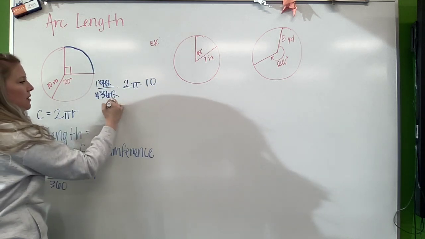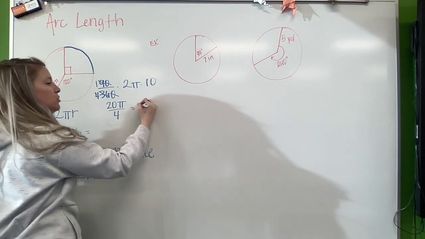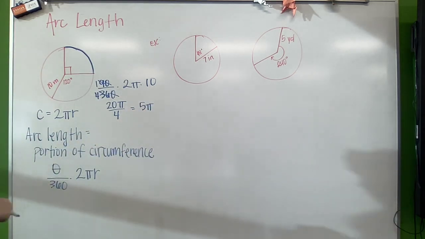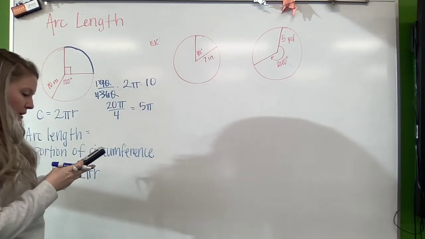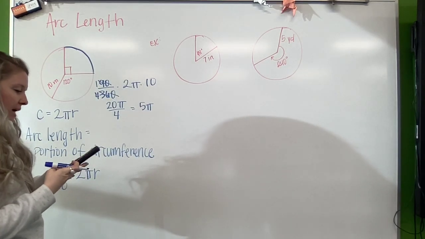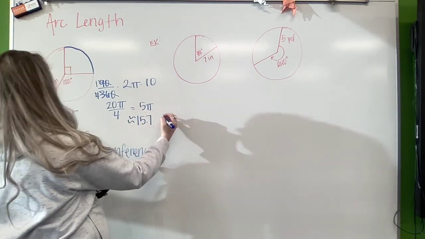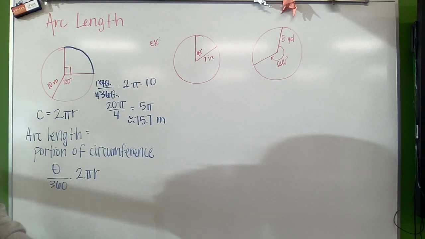So 2 times 10, that's 20 pi over 4, which can reduce to 5 pi. That's our exact measure, and then we could go ahead and take that to a calculator. So 5 times pi, and that is going to give me about 15.7 meters. Okay, that's all it is.